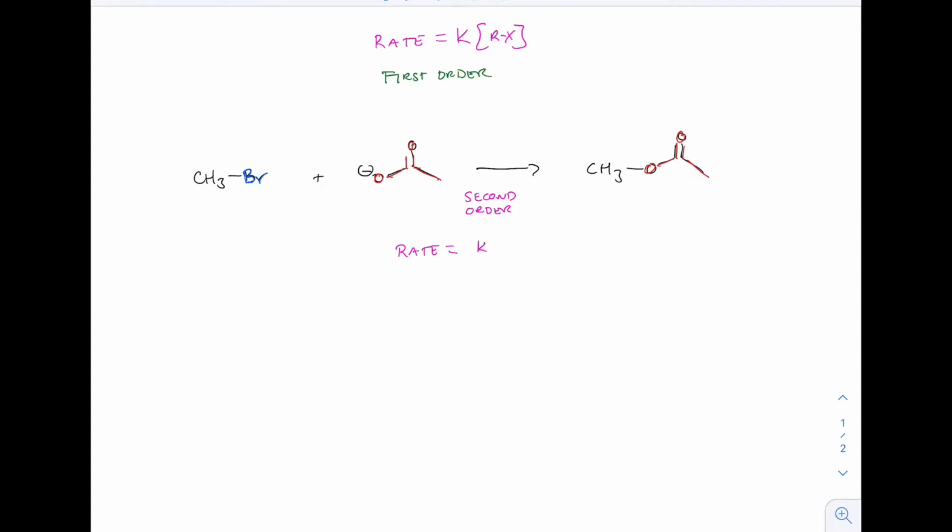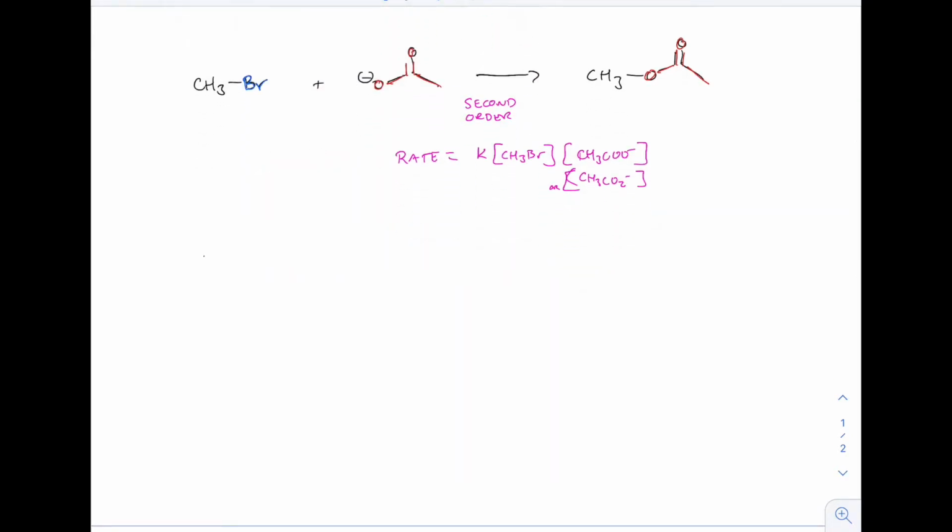So that means that the rate is equal to K times the concentration of the bromomethane or methyl bromide, either way, we can call it that. And then we have the concentration of the acetate as well. So I wrote it in two different ways, so you can see the two different forms that you might see it written: the CH3COO minus or the CO2 minus.